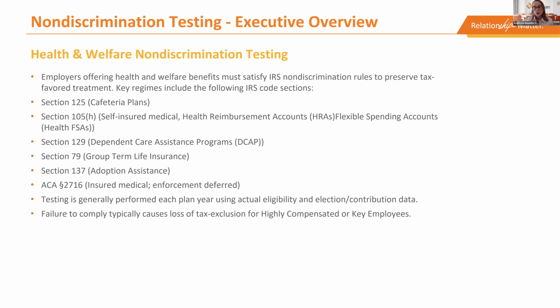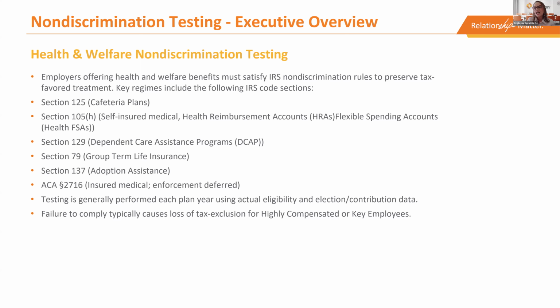They should also include the eligibility rules, again to support the overall preservation and maintenance of that tax favored status. I'm just highlighting for you here a list of the various code sections. Some people like to talk in code, others do not. I'll try to do both today.